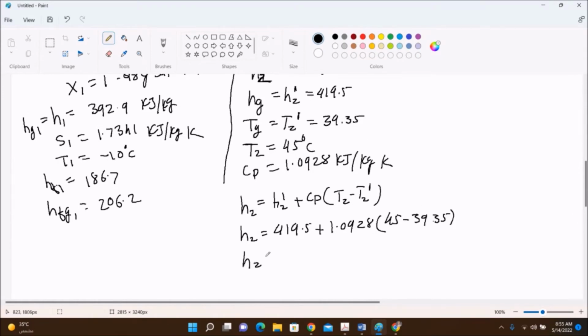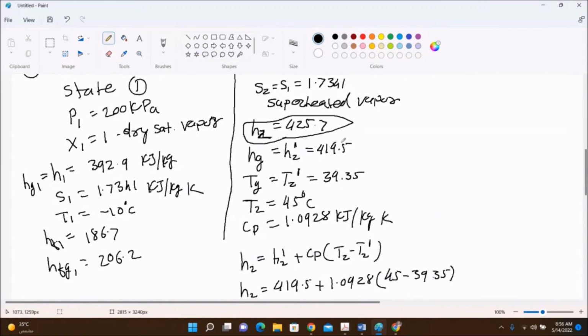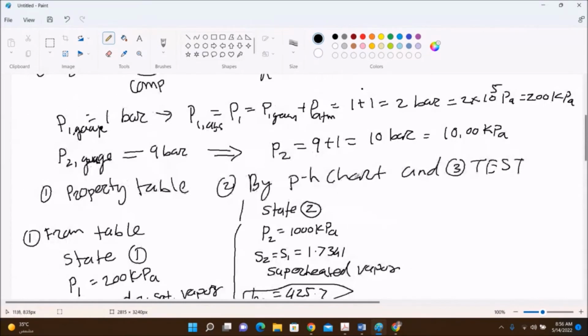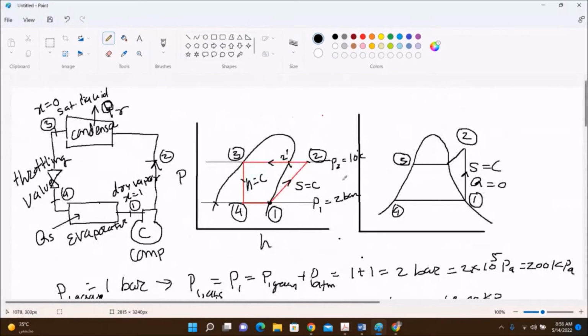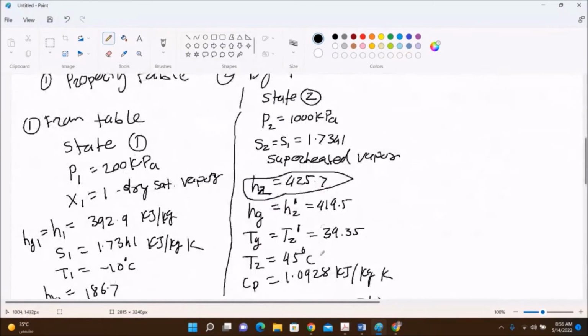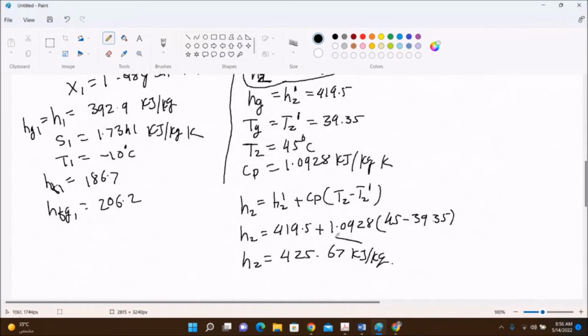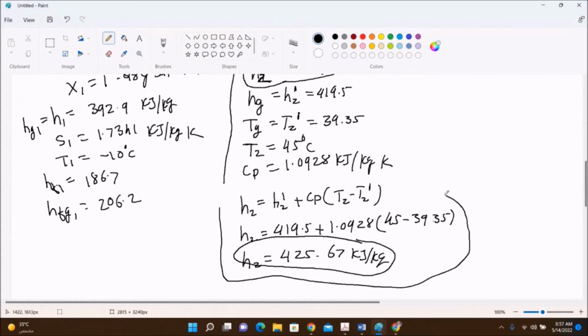I will get H2 equal to 425.67 kilojoules per kilogram. And here what I wrote, this value 425.7, and by calculation this value, I see both values are correct. So no need to find this by the formula; we already got it from the steam table.